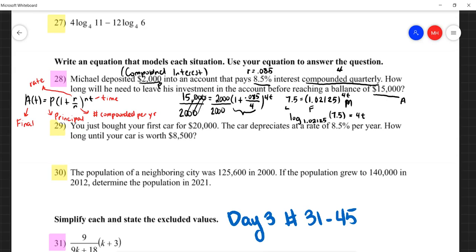And then to get t by itself, we divide both sides by 4. So we get log base 1.02125 of 7.5, all divided by 4 equals t. And your calculators are pretty fancy. They will allow you to change the actual base.